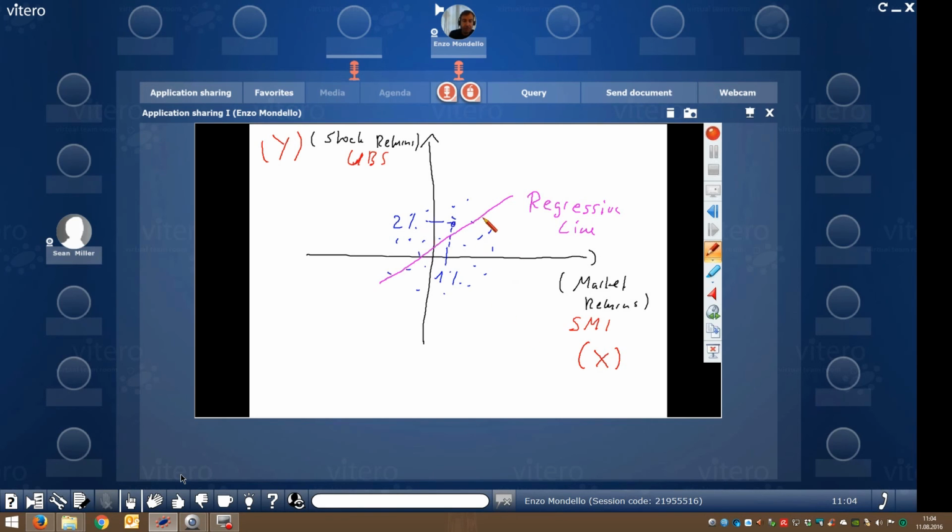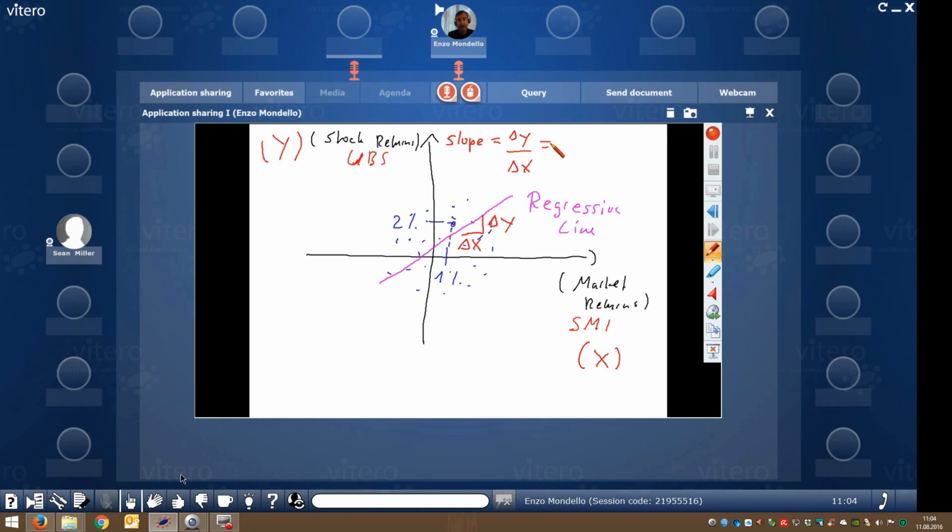So the slope of the regression line is given by the change in y, so the change in the dependent variable, divided by the change in x, and the change in x, that's the change in the independent variable. So the slope equals the change in y divided by the change in x.